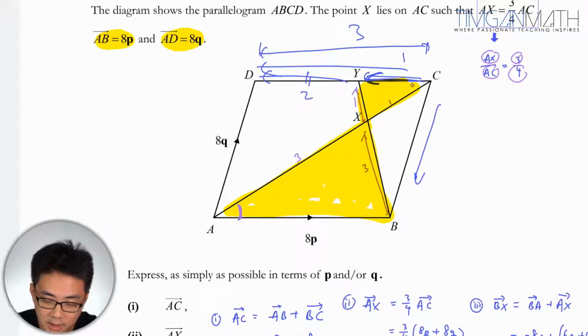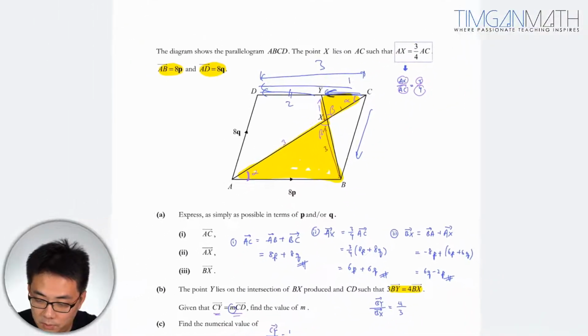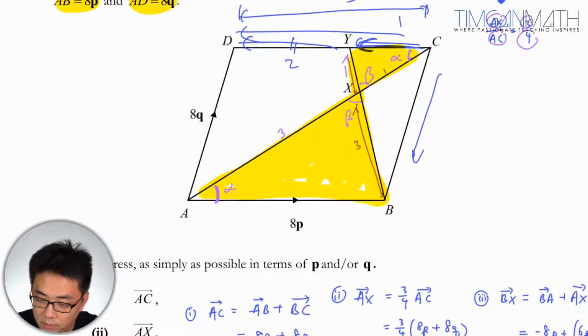This angle here and this angle here are the same: if this is alpha, this will be alpha, and if this is beta, this will be beta as well. So these are two similar triangles. I am going to say that this is 1 unit, this is 1 unit, and this is 3 units.